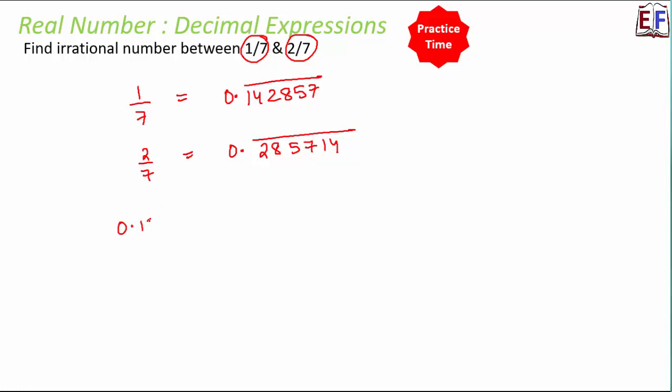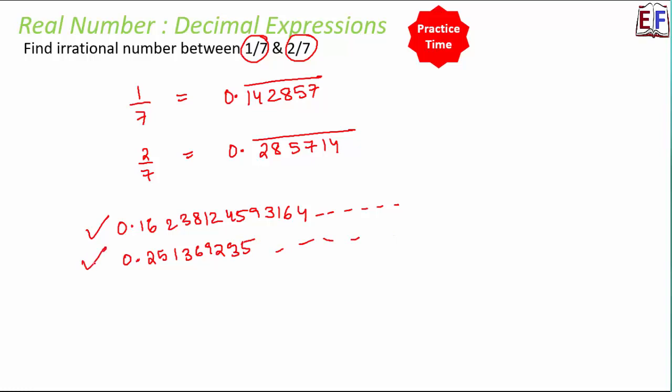So you can say 0.1623812459136. What is this? This is non-terminating. This is non-repeating. So this is an irrational number, and you can literally pick any number between these two, just that it should lie between 0.142 and 0.28. So it could be 0.2513694235. It could be anything.